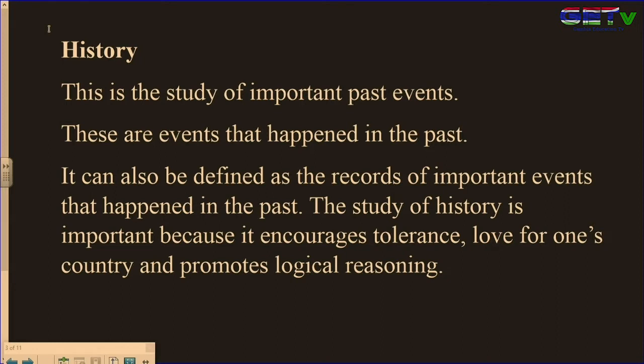There are a lot of things that happened in the past which we were not present at that time. How do we come to know that? By studying history. In the study of history, we come in contact with some of that information. I gave you an example. The Gambia gained her independence on 18 February 1965.